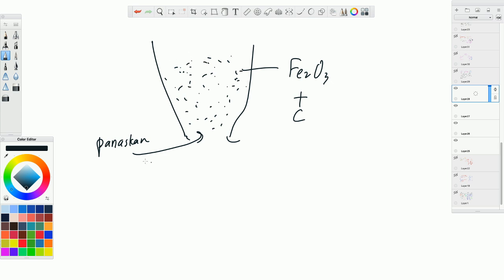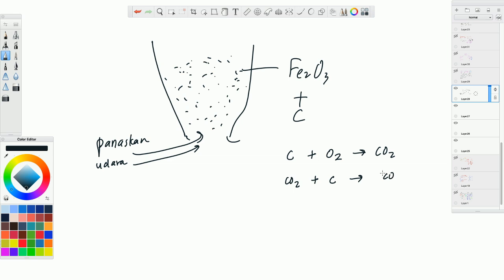Okay, so kita panaskan udara panas melalui ini. Karbon akan membakar dengan oksigen menjadi karbon dioksida. Ini jadi lagi panas. Karbon dioksida akan bertindak balas dengan lagi banyak karbon, arang, menjadi karbon monoksida.